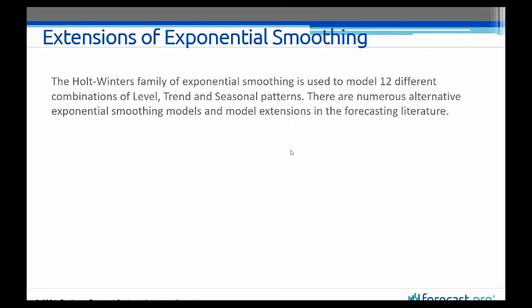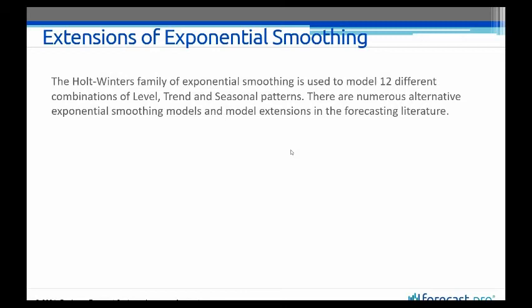So as Eric mentioned, we're now going to talk about extensions of exponential smoothing. Before we jump into that, Eric did mention that there are other terms for exponential smoothing or types of models that you might hear about, things like Brown exponential smoothing, or he also talked about triple exponential smoothing. Pretty much across the board, those different types of exponential smoothing are really restricted Holt-Winters models.